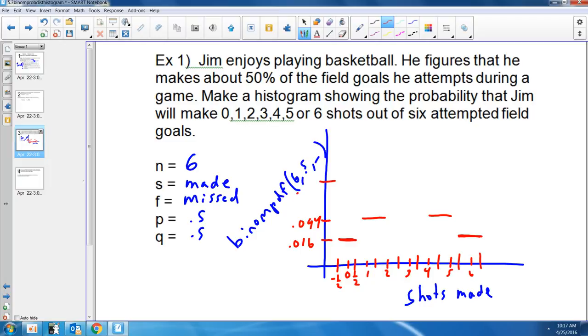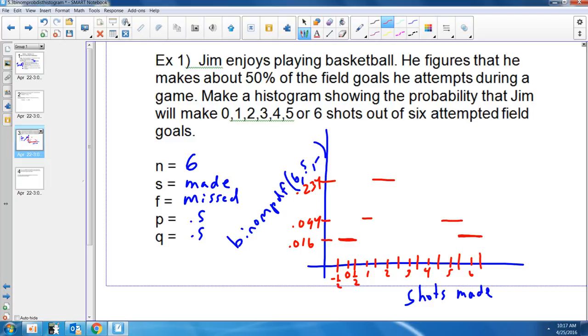Then you're going to have 0.234 for making 3. Sorry, for making 2. I'm off by 1 here. That's 1. This is 2. And this is 4.